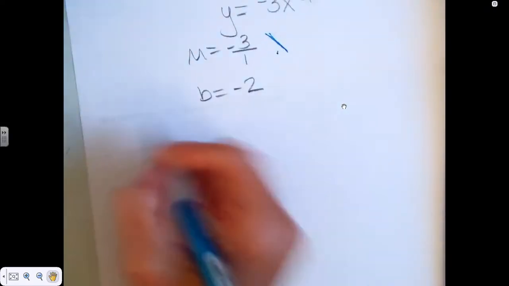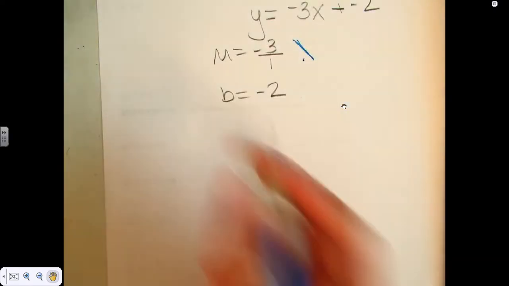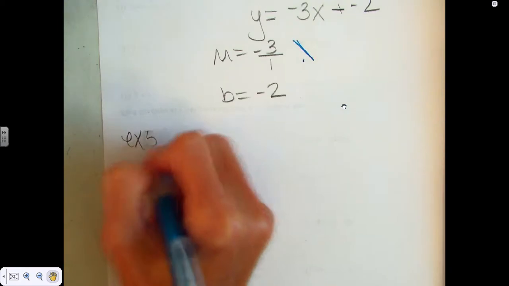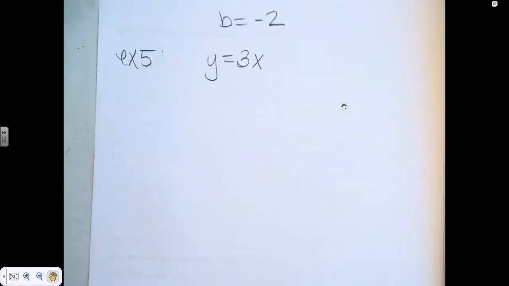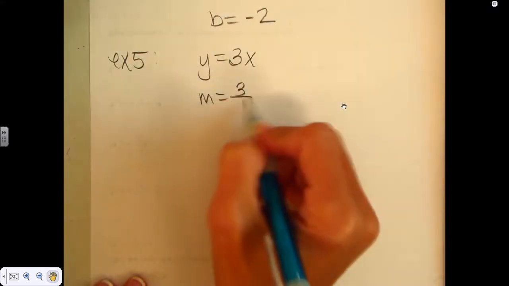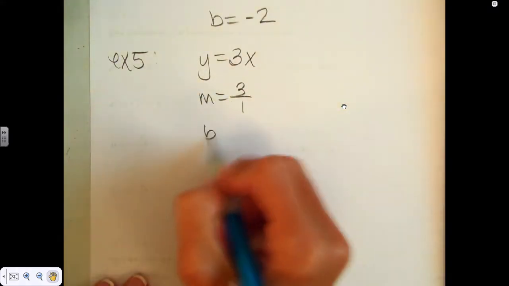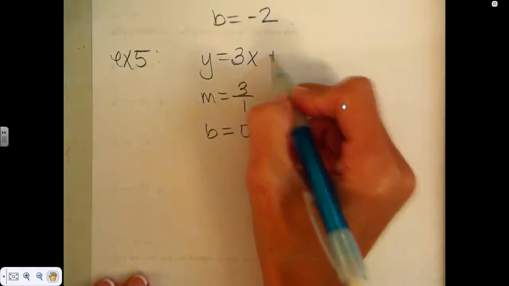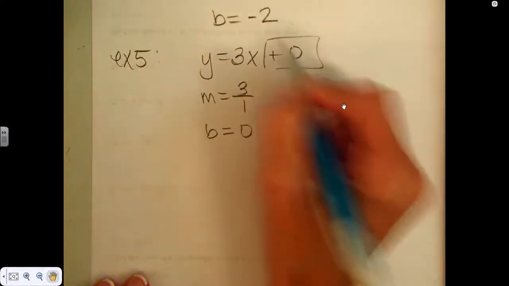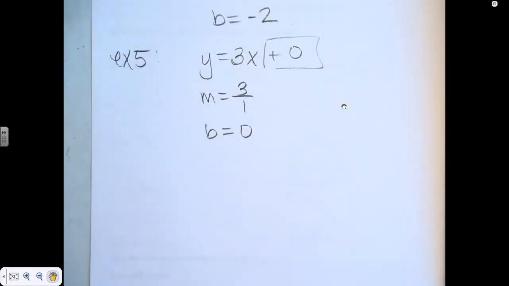Number 5. Okay, y is equal to 3x. This is in slope-intercept form. Okay, my slope is 3 over 1. My y-intercept is 0. I don't need to put this plus 0 there, but that is what it looks like.